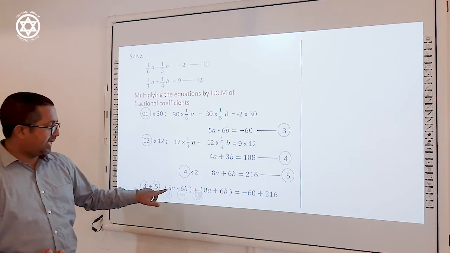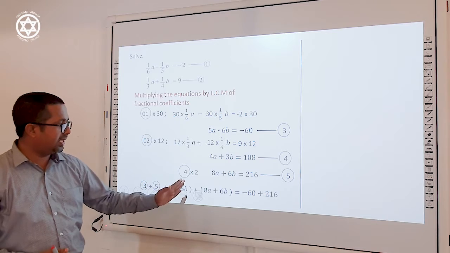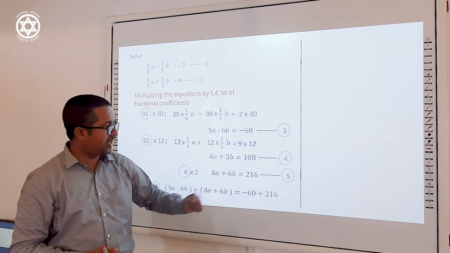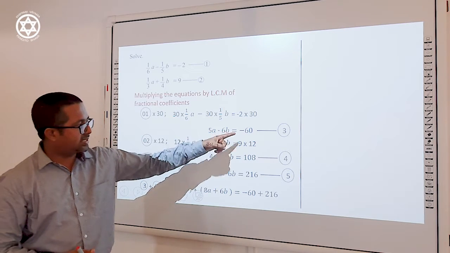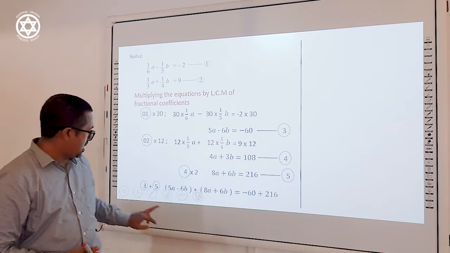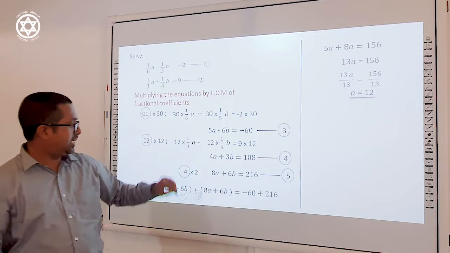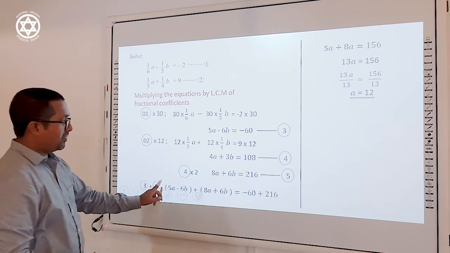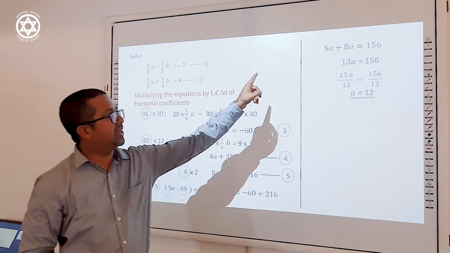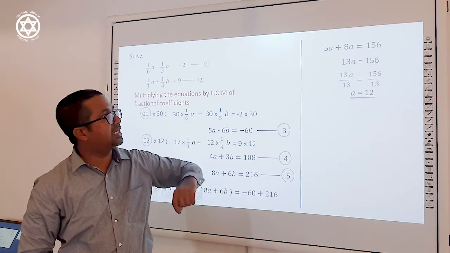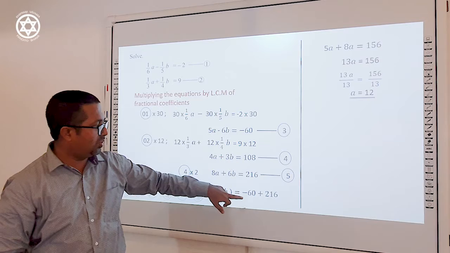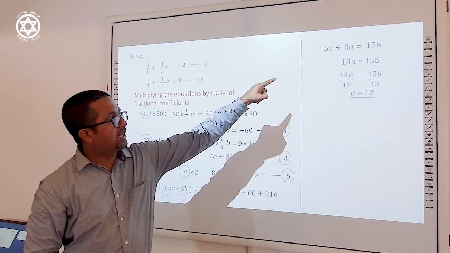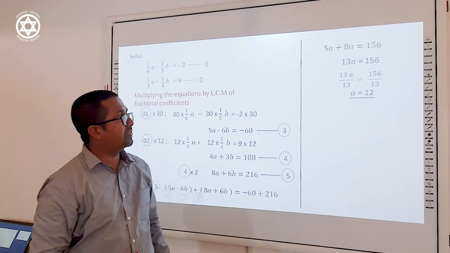When adding, 5a minus 6b plus 8a plus 6b, and on the right side minus 60 plus 216. The minus 6b and plus 6b cancel, 5a and 8a remain, left hand side is 13a, and right hand side is 156. Then 13a is equals 156.